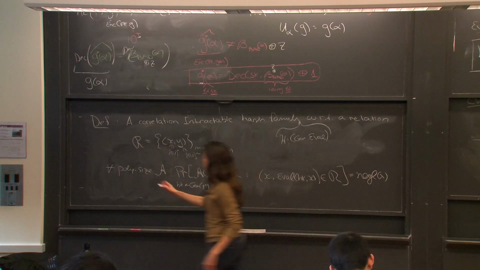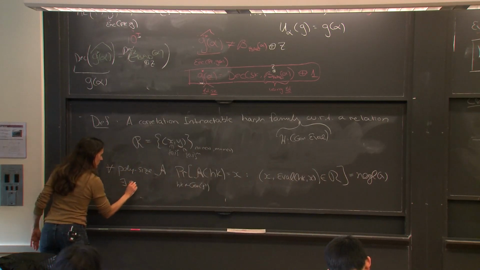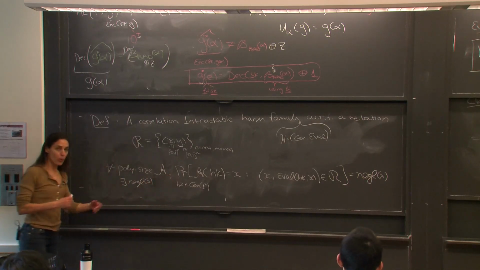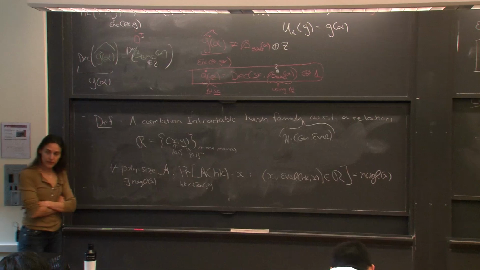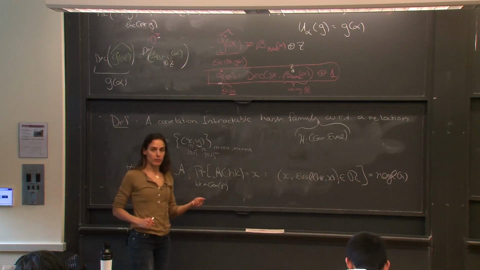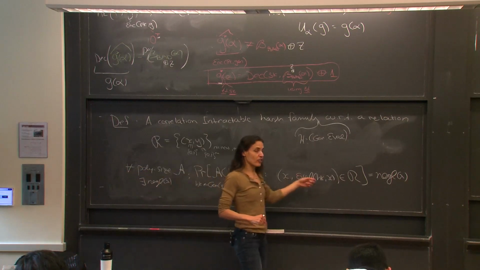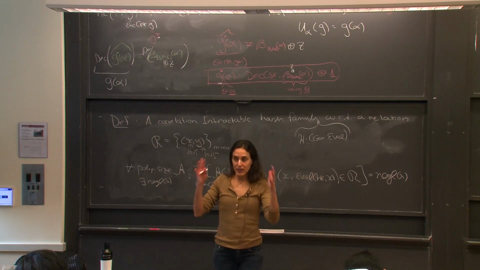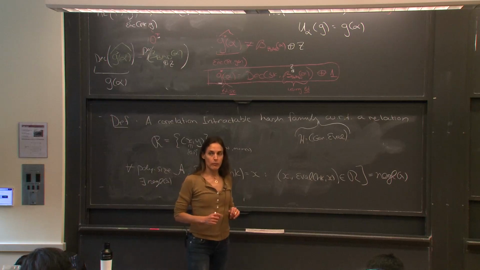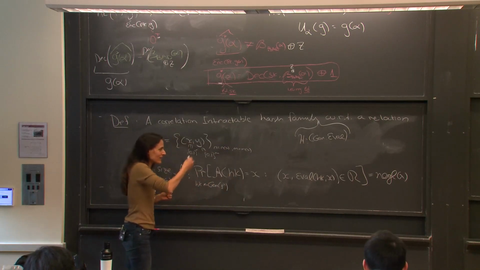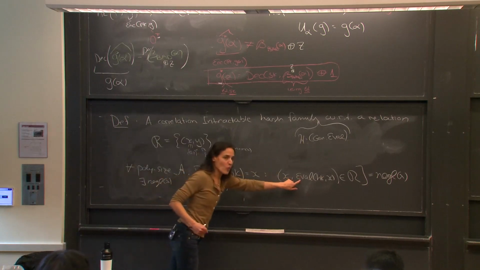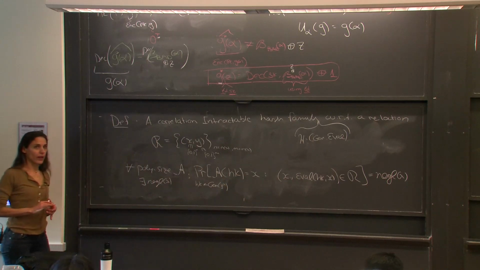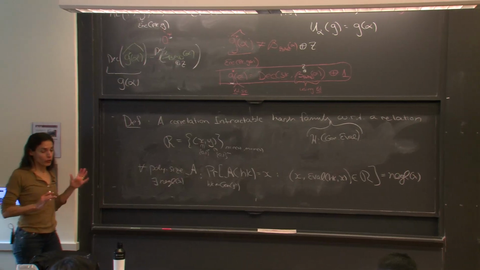So for every poly-size adversary A, there exists a negligible function of lambda such that the probability that he gets a random hash key in the family and is able to find X such that X comma H of X is in R is only negligible. So he always evades the Y in the relation. That's called a correlation intractable hash family for a specific R.